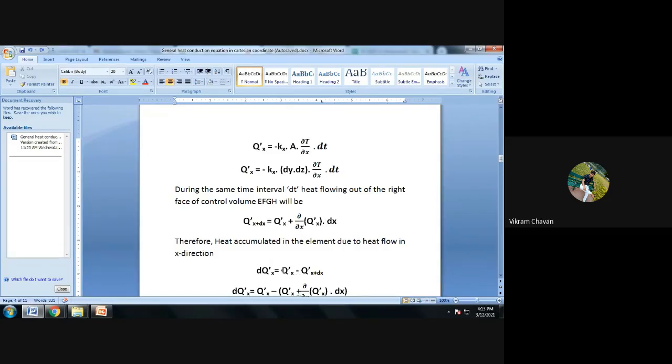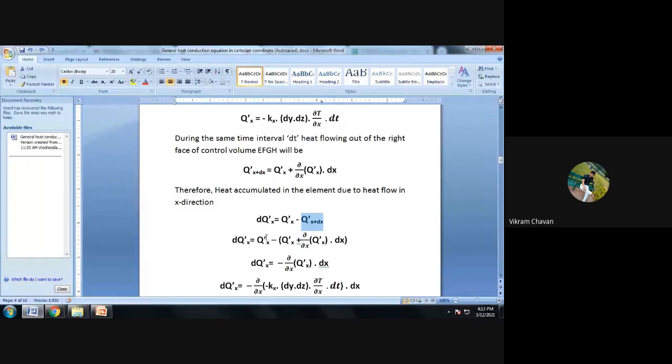So q dash suffix x amount of heat is entering the element through face ABCD, and q dash suffix x plus dx amount of heat is leaving the element from face EFGH. The difference between them will provide you the net amount of heat accumulated inside the element in the x direction.